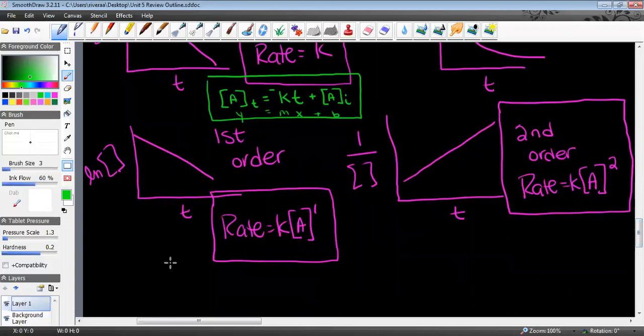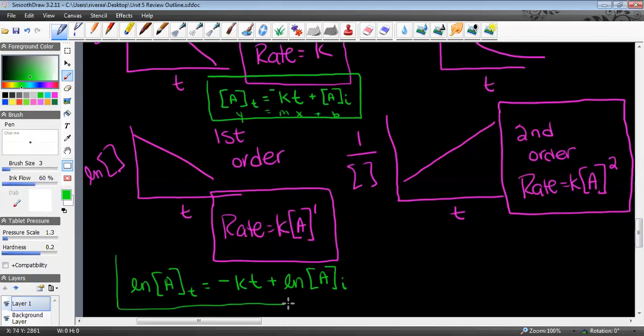So the integrated rate law for my first order reaction would be the natural log of the concentration at some point in time is equal to negative kt plus the natural log of my initial concentration. And you can see the y equals mx plus b and how that lines up with the slope, negative k.